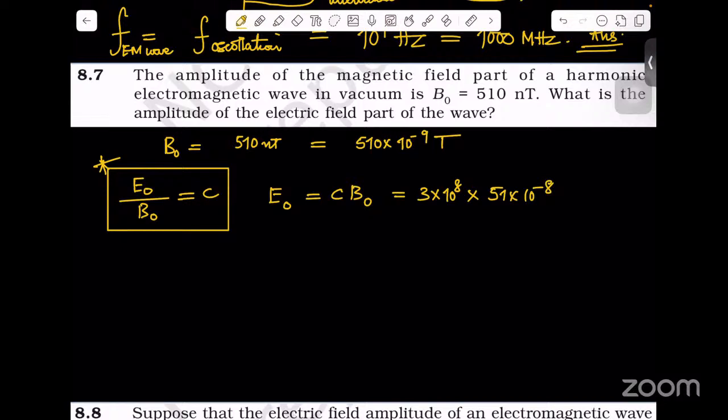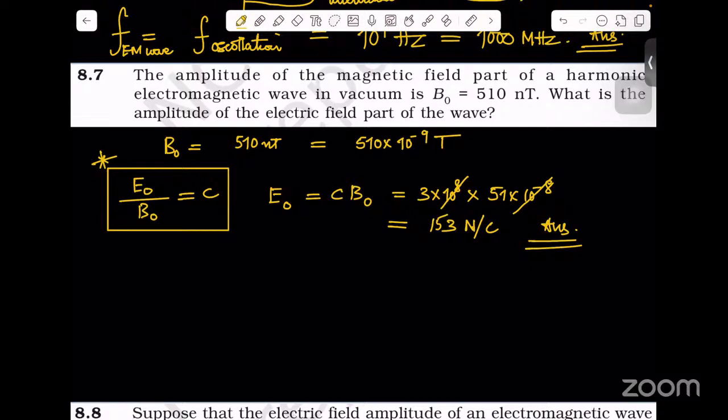So this equals 153 newtons per coulomb. These two cancel out. So this is the answer to this question. This is the amplitude of the electric field component. So this formula, the relation between the electric field and the magnetic field component, you should know.